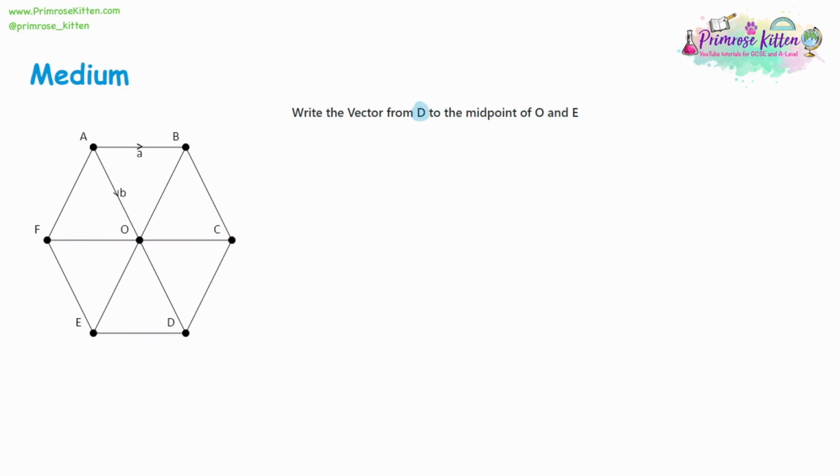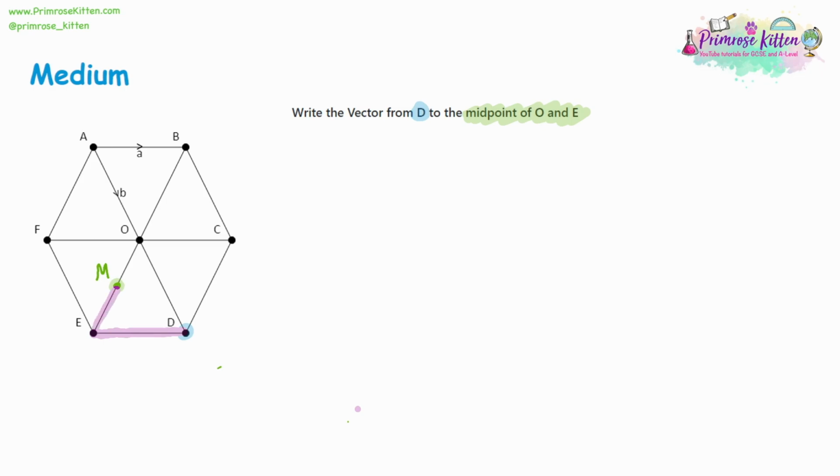Well, the vector from D to the midpoint of O and E, and we can label that midpoint M. So how are we going to get there? Firstly, you see M is in between E and O, so we need to get to E or O first. It doesn't matter which one we go to. Let's go along the bottom here. So we can go from D to E. And now we're as close to M as possible.